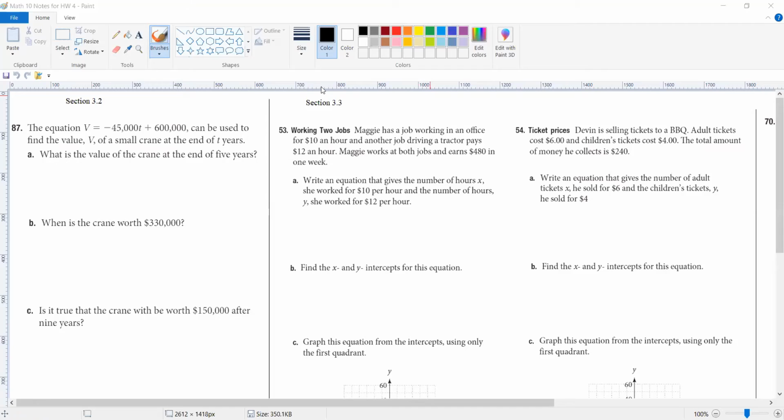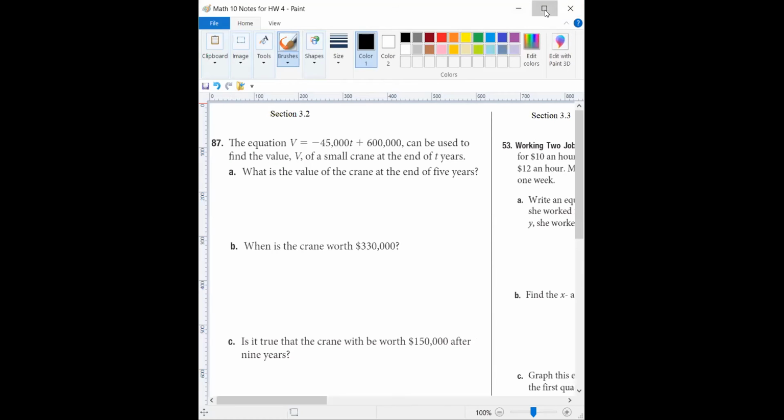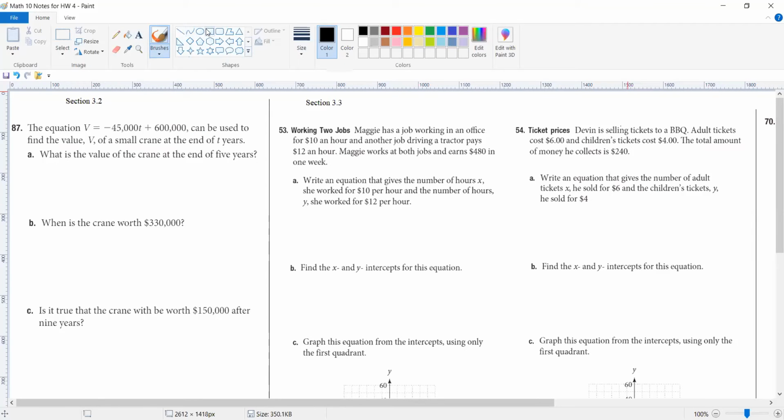Okay, we're here in section 3.3, on number 53. Again, there are problems like this in homework number 4.